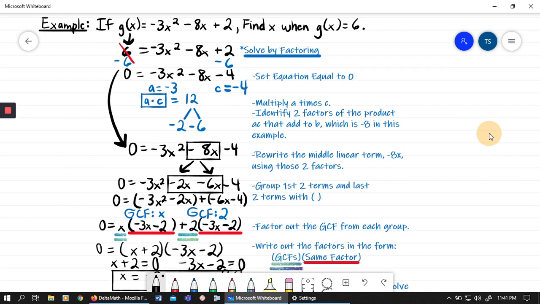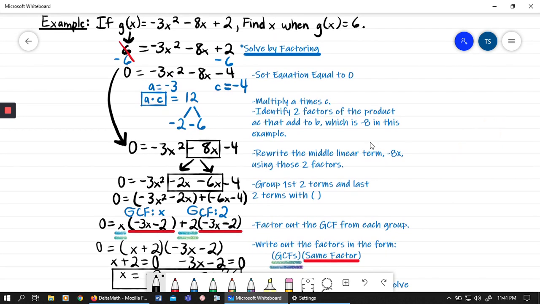Probably an easier way for you to do a problem like this, like I said, would be solving it by graphing. But again, if you wanted to do this by graphing, where you evaluated this when the g of x was equal to 6, after you substituted that given value into the equation, you would need to make sure that you have set the equation equal to 0 first.